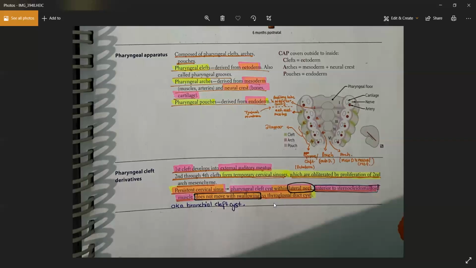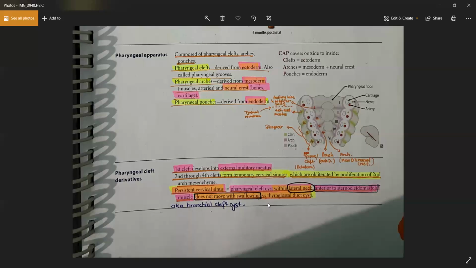In a dermoid cyst, we have skin layers, hair, adipose tissue, epidermis, hypodermis. These structures will form a cyst in the midline. You call it a dermoid cyst.